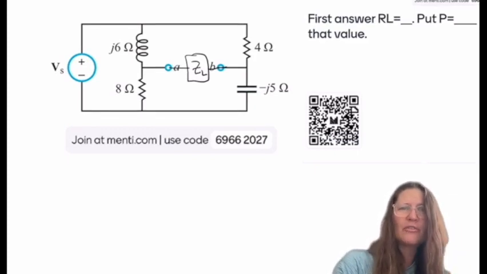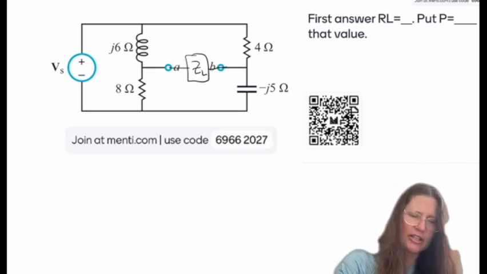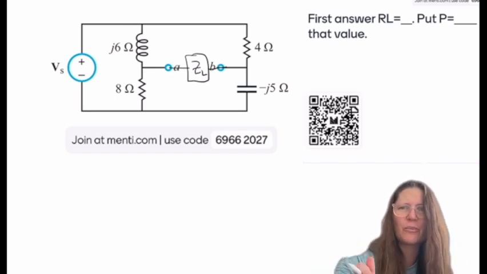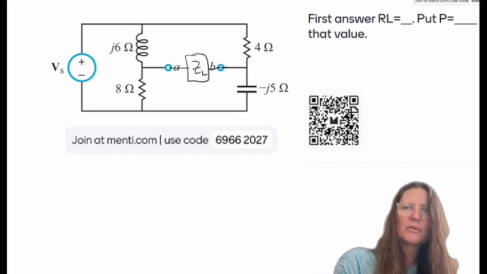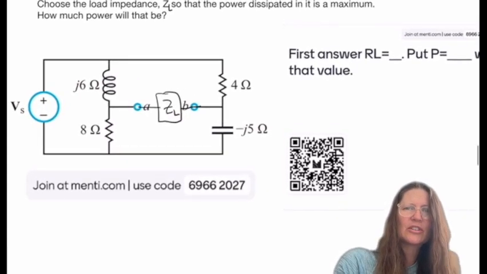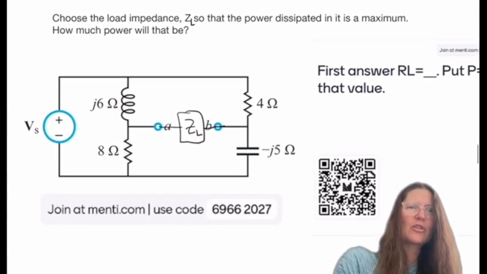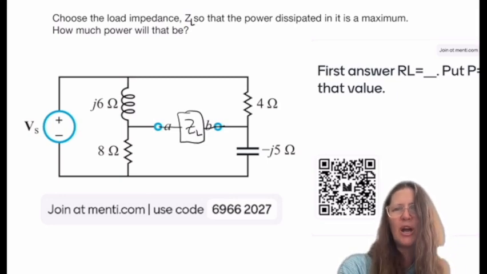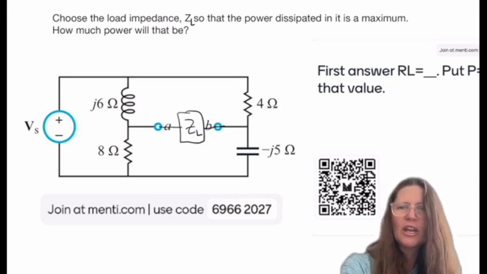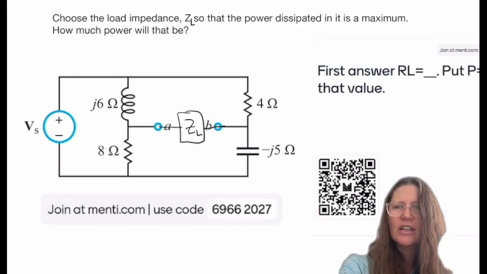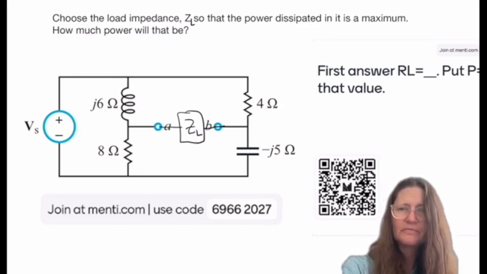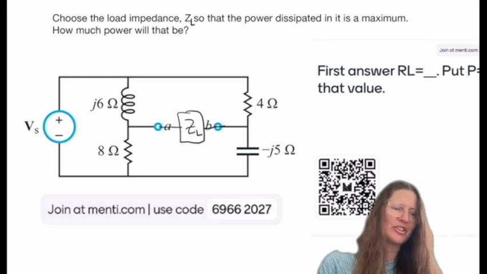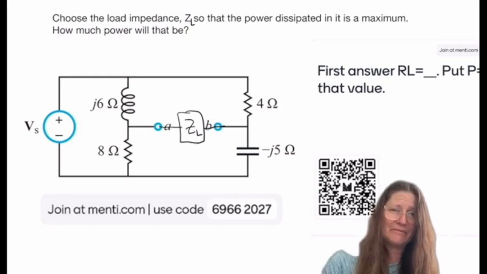You're going to solve this circuit first and then put in the value for RL, just put RL equals and the number, and then once you find the power, put in P equals. You want to choose this load ZL so that the power dissipated in it is a maximum, and then determine how much power that will be. So go ahead and work on this, and once you solve for those, you can put them in the chat or in the Menti, and we'll try this.